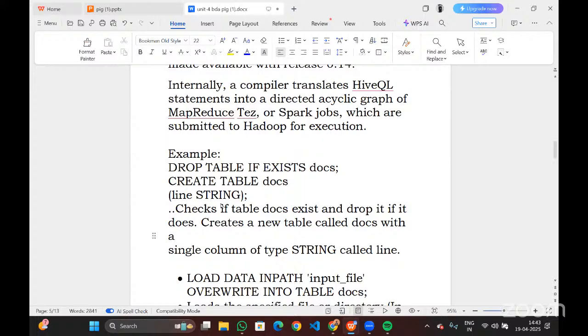It creates a table with a single column of type string.